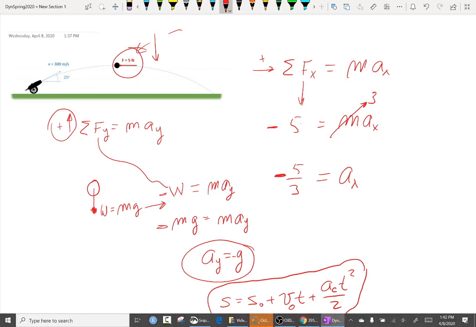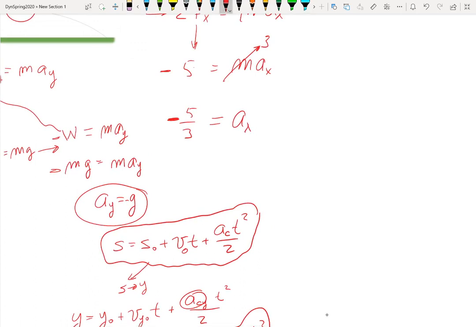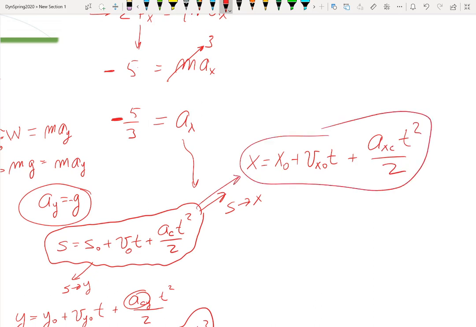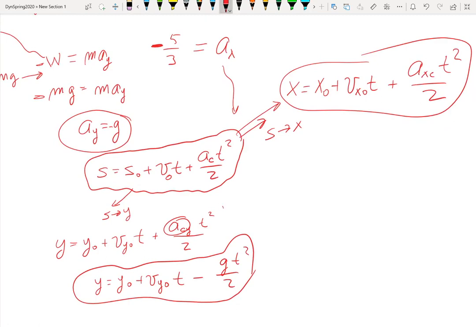Okay, that's your ax. If you replace s with x, you get x equals x naught plus vx naught t plus the constant acceleration in the x, t squared over 2. So this one yields that one for the x, and it yields this one for the y.